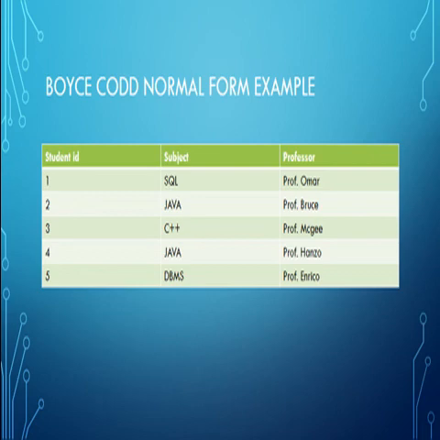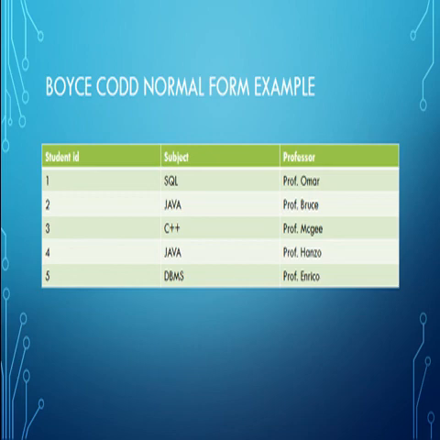Let's take a look at an example of a table to completely understand Boyce-Codd normal form. In the given table, one student can enroll for multiple subjects.